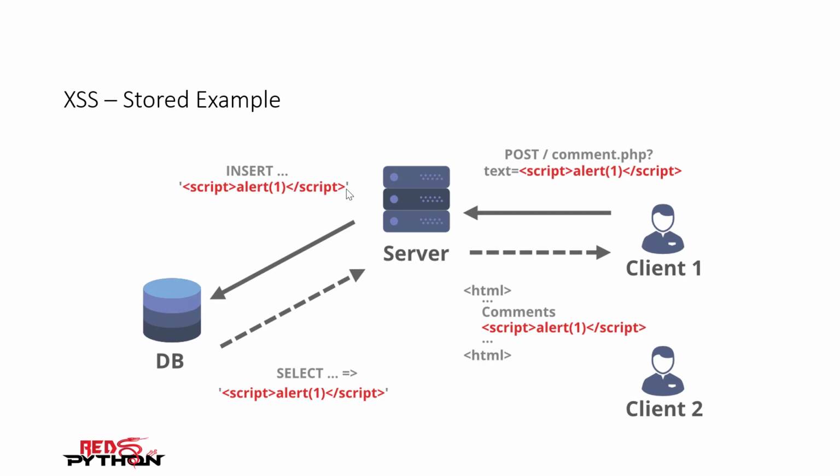Now this is in the database, so when client 2 visits the page, the HTML page will be rendered and the script will be run, right? It will display a pop-up with number 1. But instead of this simple JavaScript, a malicious JavaScript can be there that can steal, for example, the cookies of a user.